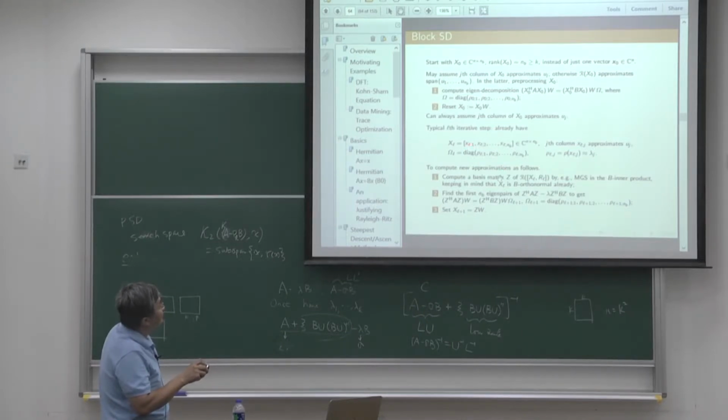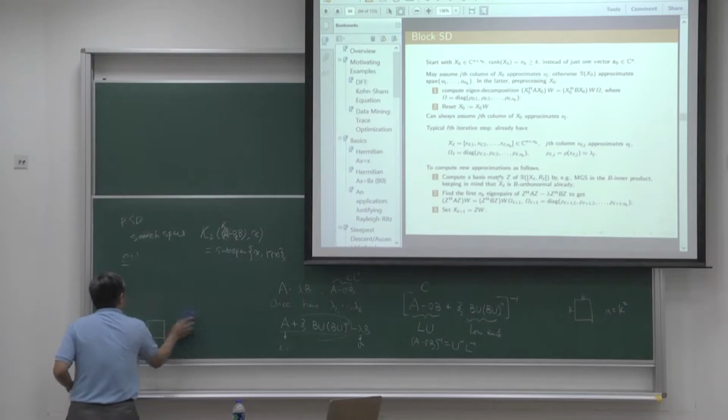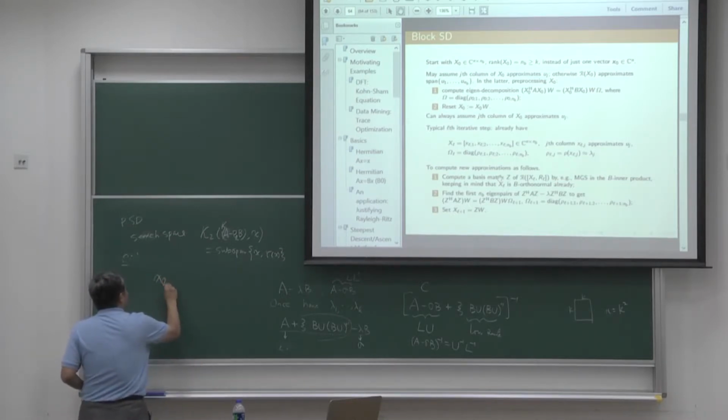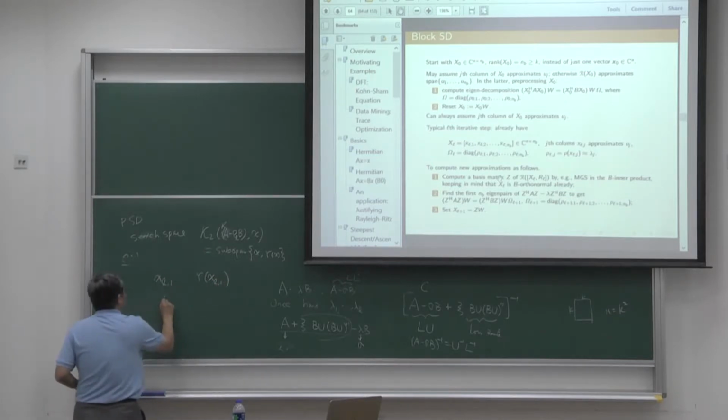So each column is going to introduce a residual. From xl1 you can compute a residual, and so on and so forth.